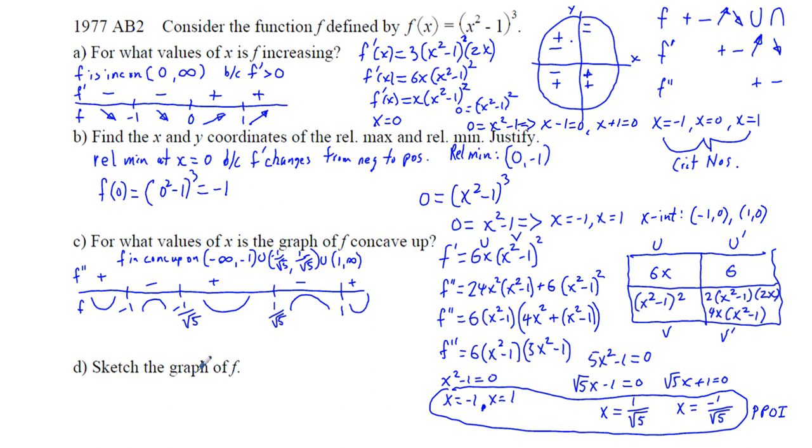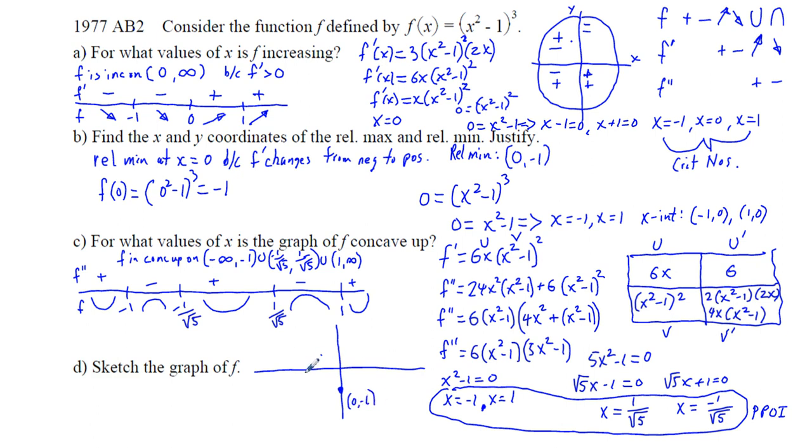Now finally, sketch the graph of f. So what I'm going to do that is right here. I'm going to make a little xy coordinate plane. Okay. And already we know we have a relative minimum at 0, -1.